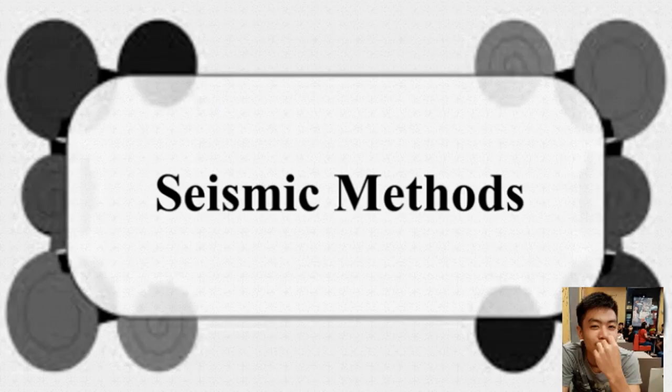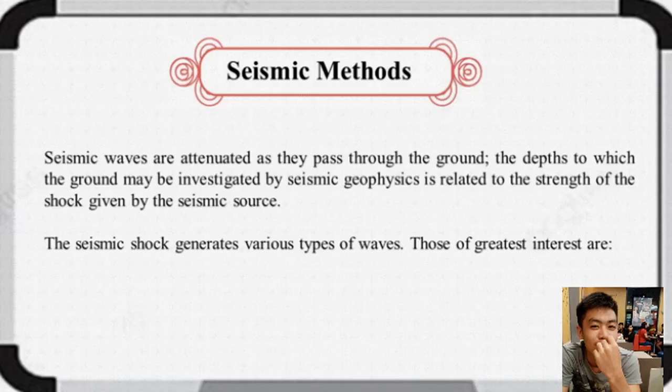So we are now in seismic methods. So sa dili nga method, mag-decrease daw ang seismic waves as they pass through the ground. So ang kalalom daw niya kay mailhan sa seismic geopeaks nga related sa kakusog sa shock na gihatag sa seismic source. So the seismic shock generates various types of waves.